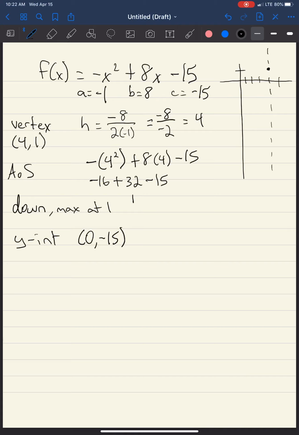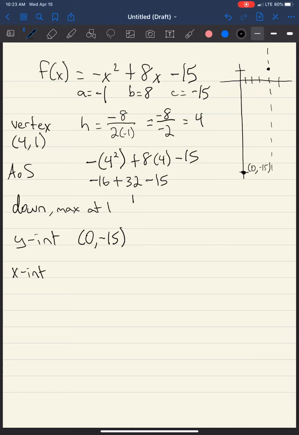So 0, negative 15 is my y-intercept. So I'm not going to do all those marks, but I'm just going to say this spot is 0, negative 15. Mark it there on the y-axis. And all I need to do now is find my x-intercepts.